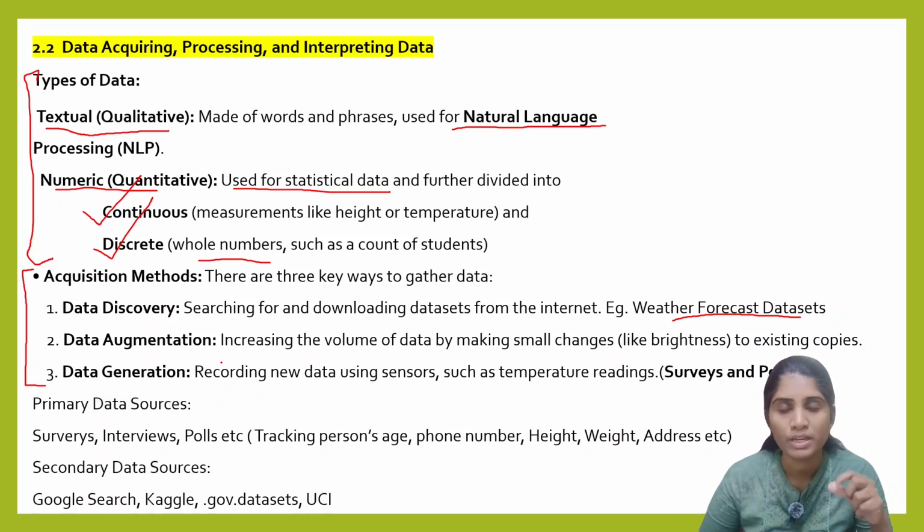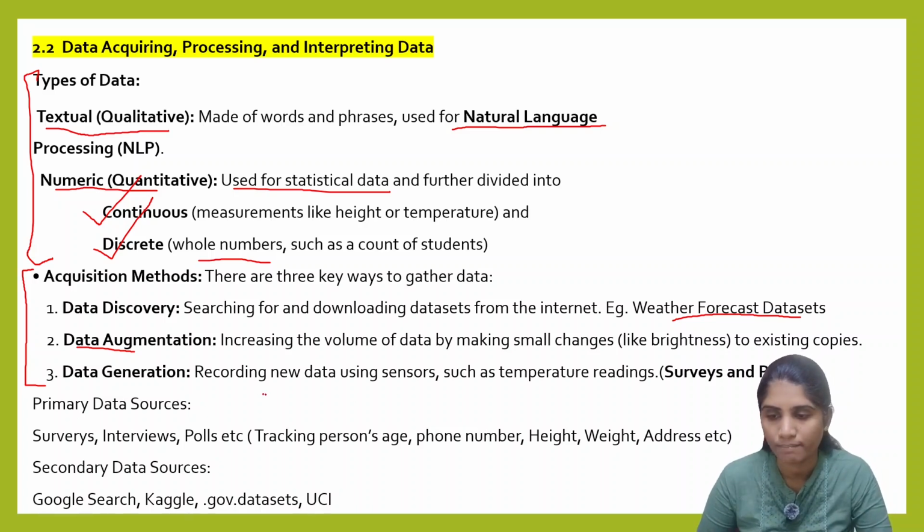So instead of one or two pictures of the house, we can change the brightness, increase the contrast of that particular image, and we can feed more training data. So we call that data augmentation, increasing the volume of data by making small changes to our existing copies, okay. And then the third one is data generation.